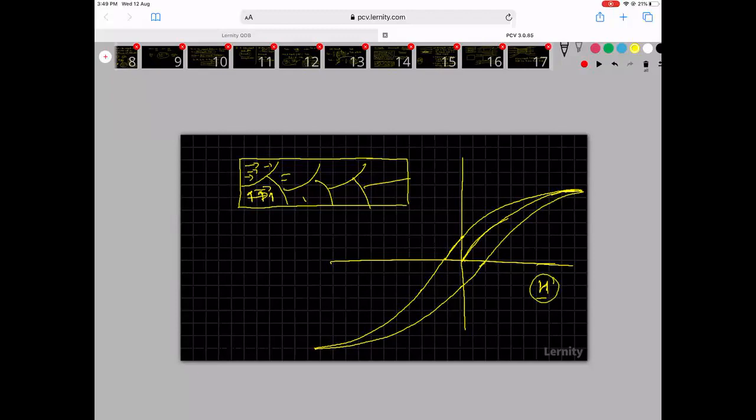When an external magnetic field is applied to a ferromagnet, the magnetization changes this way. Do you understand this?